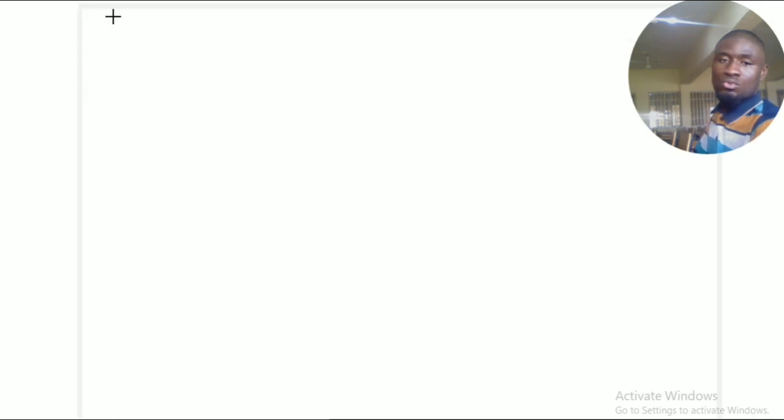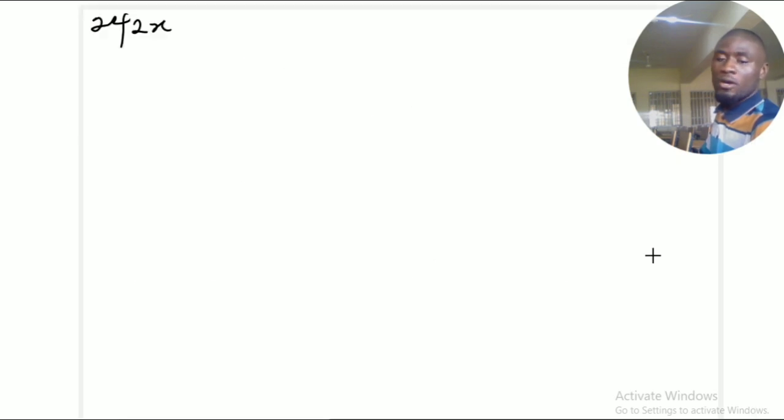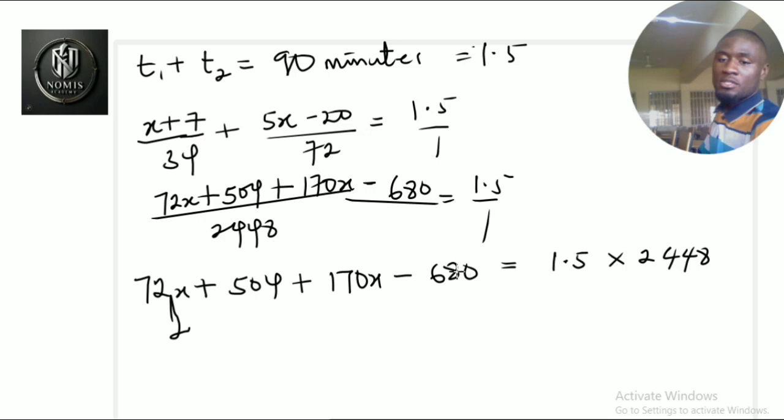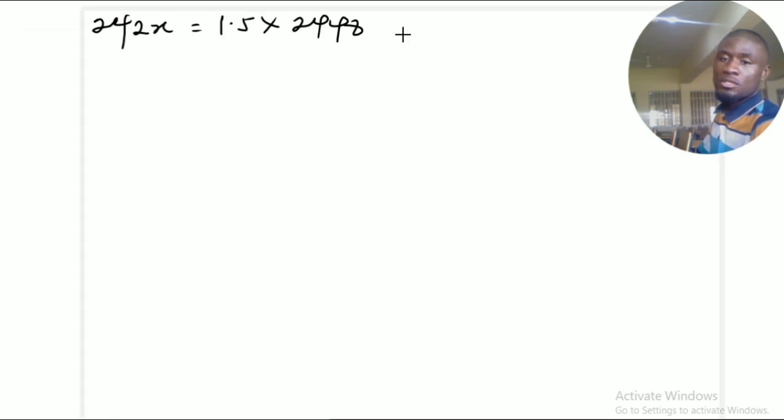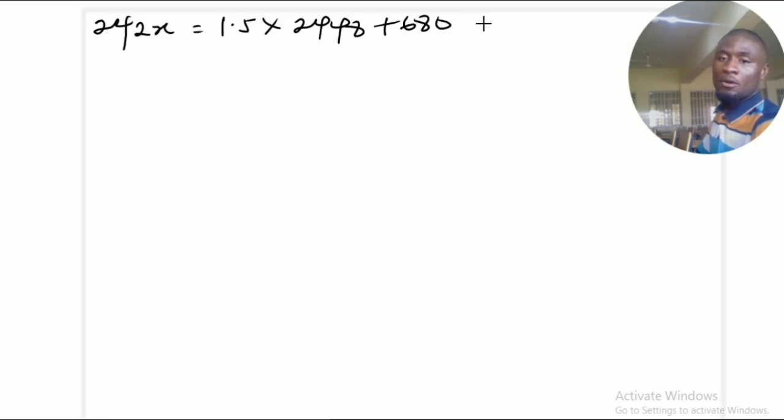So 242x is equal to 1.5 multiplied by 2,448. We have minus 680. When it goes to the other side, it becomes plus 680. Then this is 504. When it goes to the other side, it becomes minus 504.